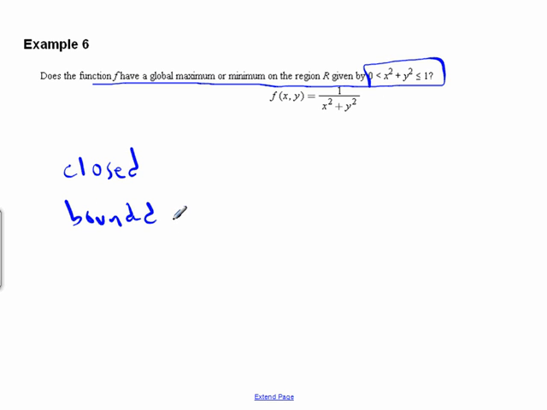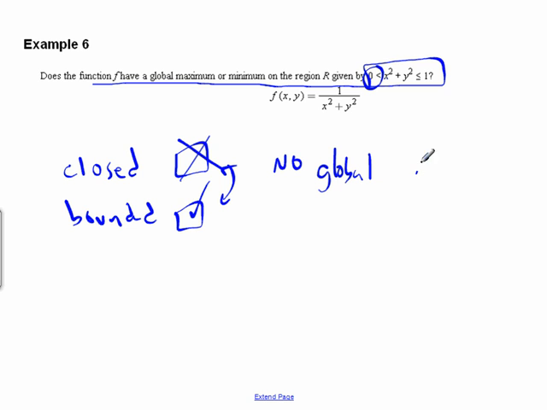Is it bounded? Yes. Is it closed? No, because it doesn't include 0. So because it doesn't meet this criteria, there's no global max or min.